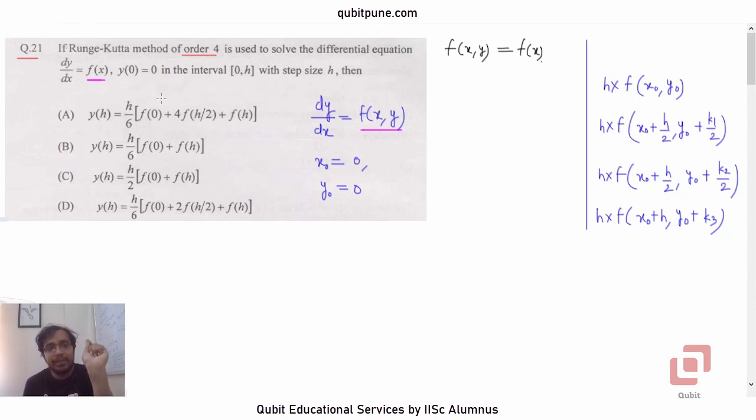Now here please understand that y is not f of x here. Y is the unknown function whose values we are estimating using numerical methods. F of x on the other hand is the derivative of y. So once you understand the difference between y here and f of x in the same problem, then I think the rest of the problem is pretty simple.